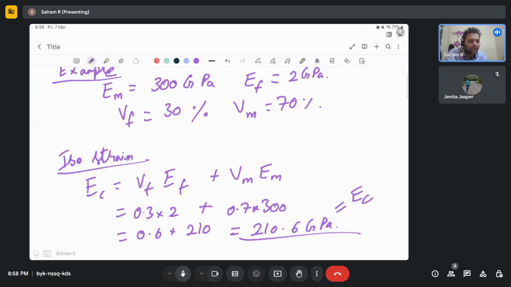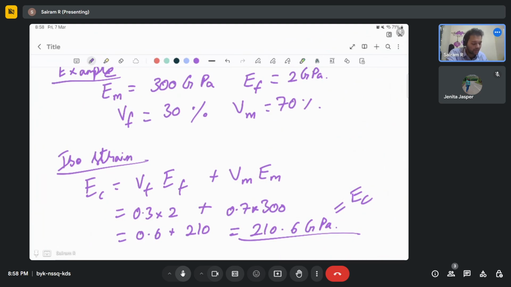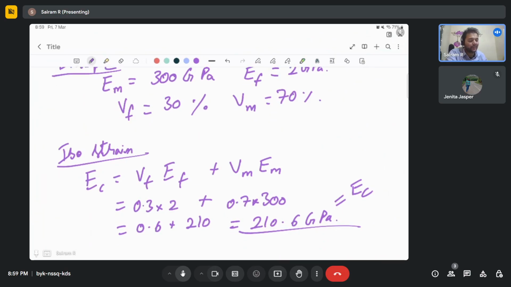But let's say the fiber that we have reinforced it with is like a plastic. It is not brittle. It has very good load bearing capacity along certain directions. In such cases, even though the composite in isostrain condition has a Young's modulus lower than that of the matrix, it could have better properties in some other very specific scenarios.